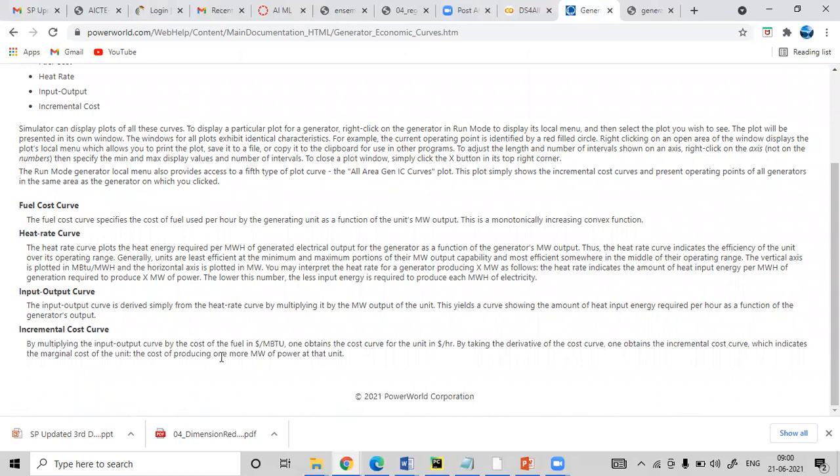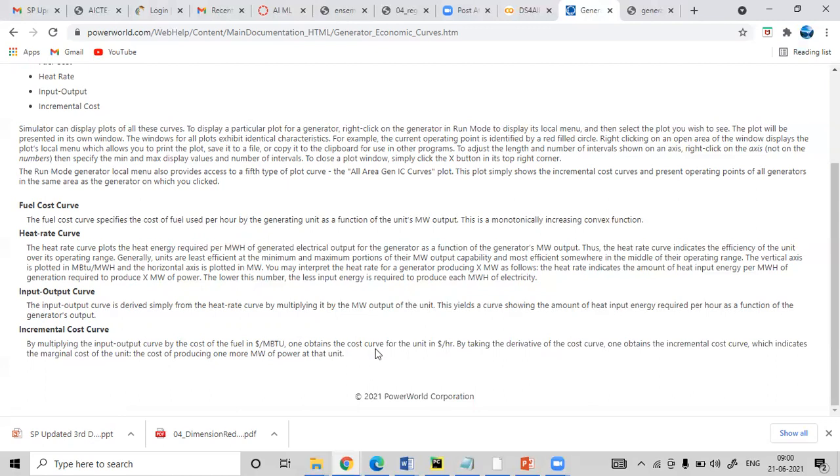This is the input. And now the incremental cost curve. By multiplying the input output curve by the cost of the fuel in dollars per MBTU. BTU is also known as the British thermal unit, and M is for mega BTU.